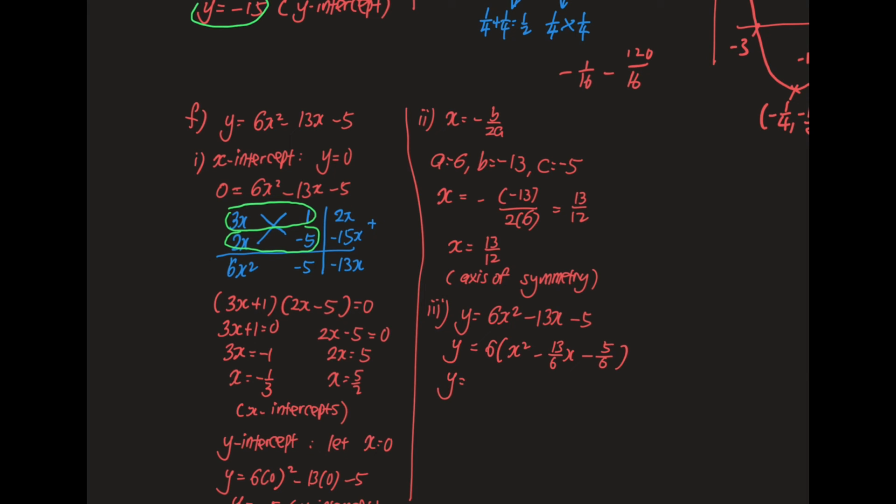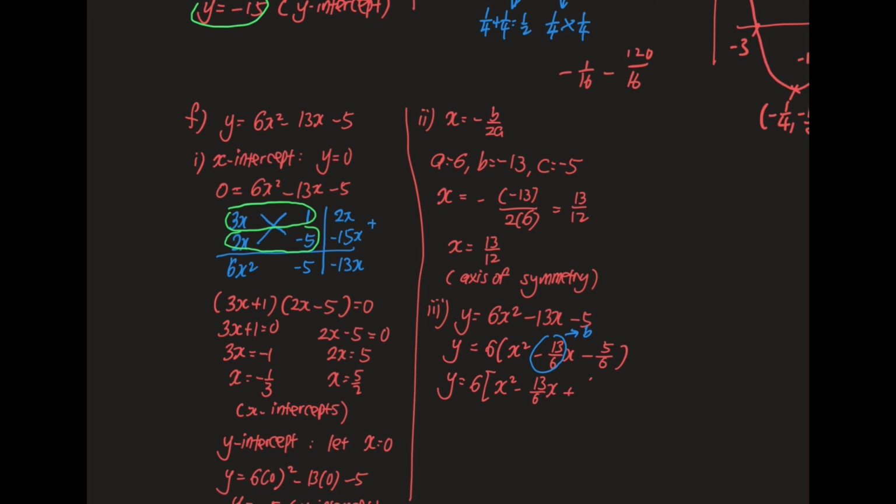Now we can insert the b over 2. You have to know that your b is this one. This is the b. B is negative 13 over 6. We have to do b over 2 squared basically.